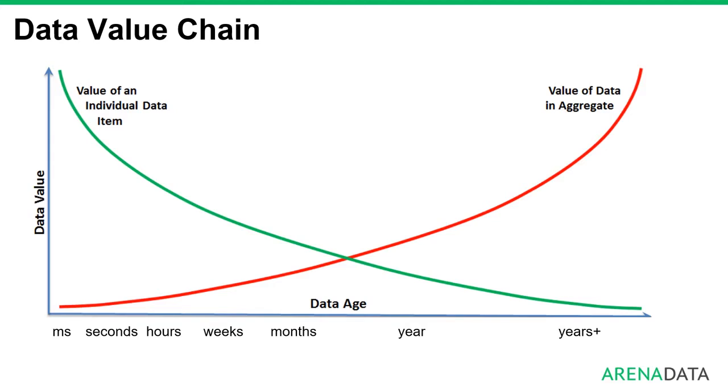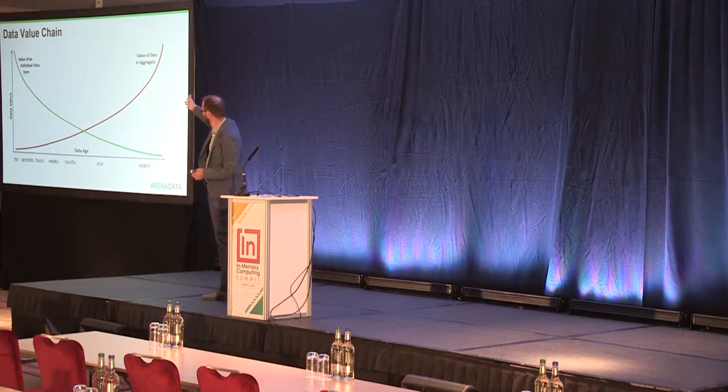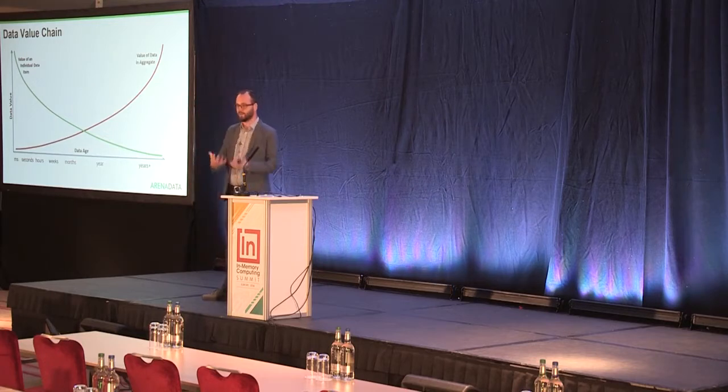It's called the data value chain. It describes the dependency between data value and data age. As you can see here, the most valuable data for a company is located on the left side, in milliseconds and seconds. It's something happening right now with a customer, with your manufacturing, etc. And on the right side is the aggregated data, the data you have been collecting for many years, 10 and more years.